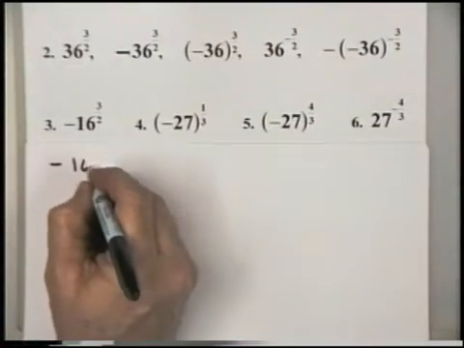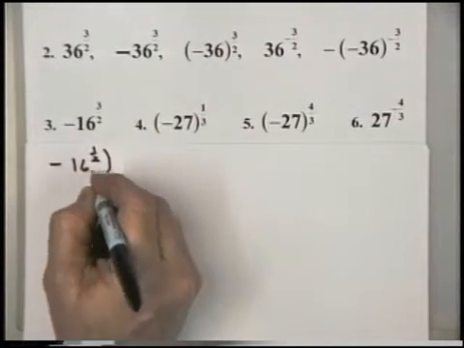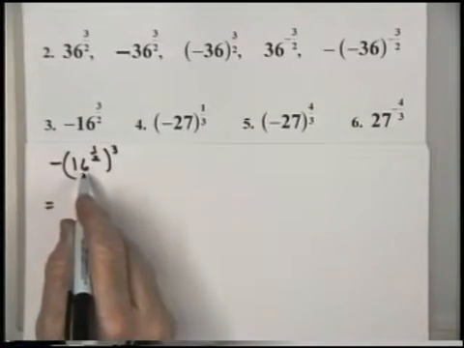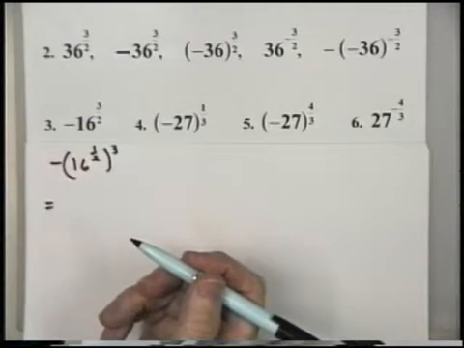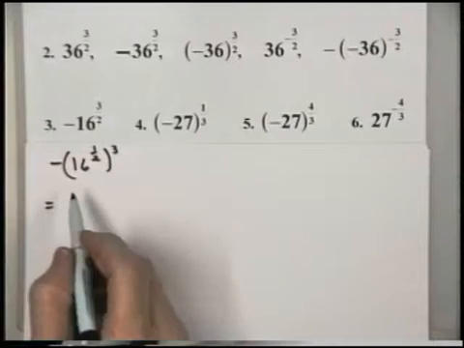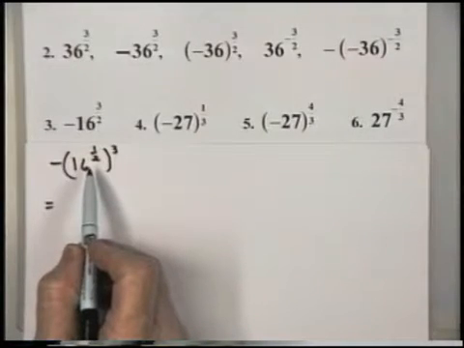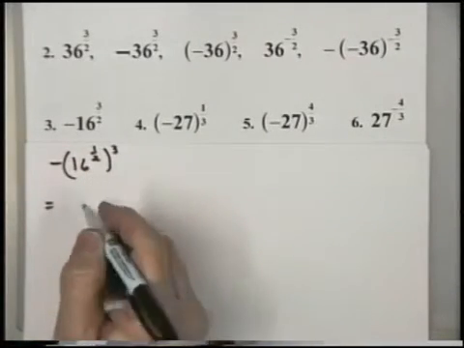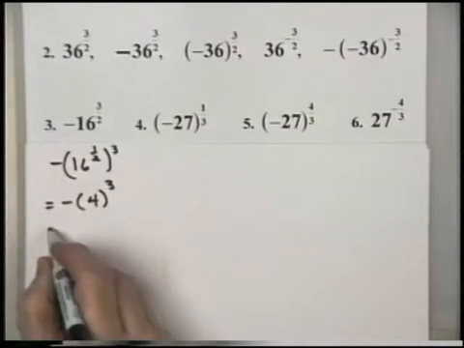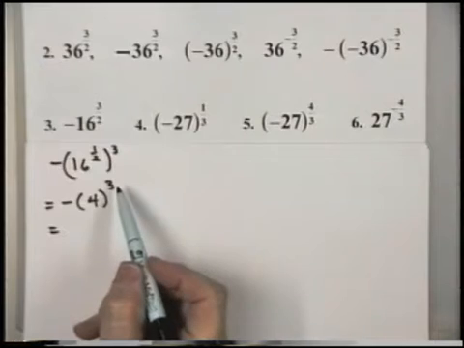It's the negative of 16 to the 1/2 power cubed. You can just write it like that. And the principal second root of 16 is not 8. It's the number you have to square to get 16. That's 4, right? So inside there you put a 4.